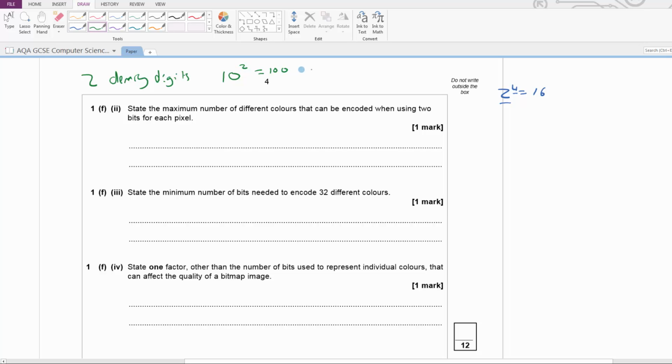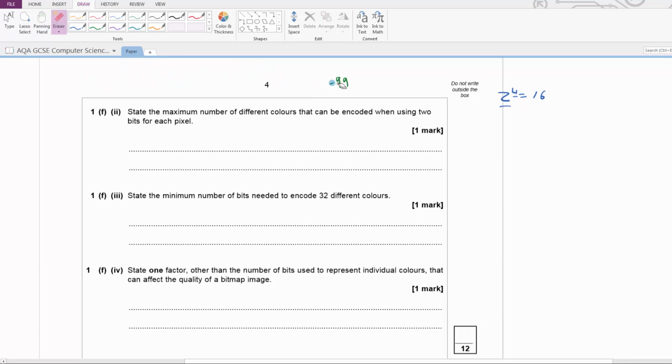If you think about it, with 2 digits we can represent numbers 0 to 99, which is 100 numbers. So this is the number of combinations, and this is sort of a general rule. When we're talking about base 2, and having 2 of them, it's literally just base 2 to the power 2, because we have 2 bits, and so this is 4, and so we can have 4 colours. We have 4 combinations, and each combination can represent a colour.